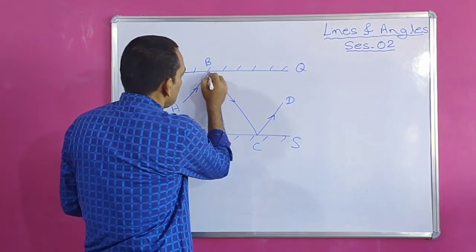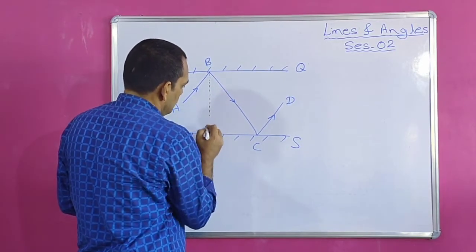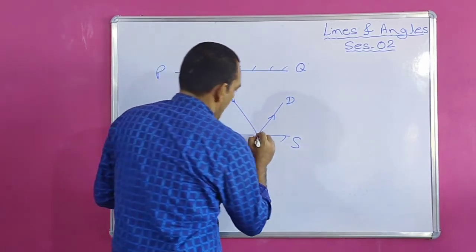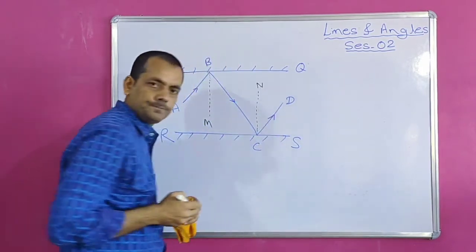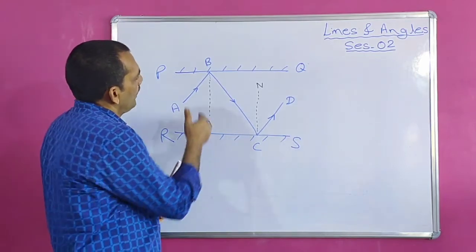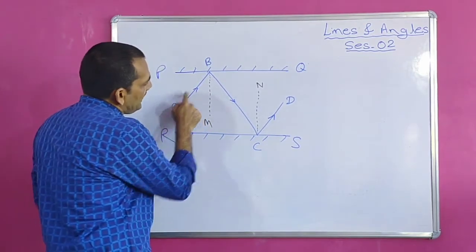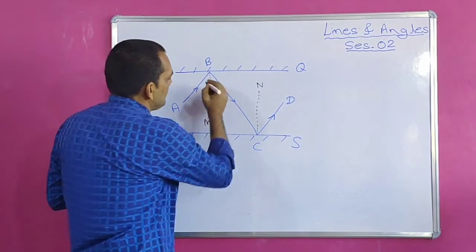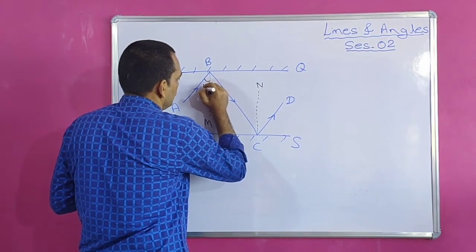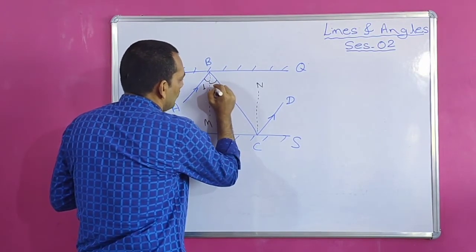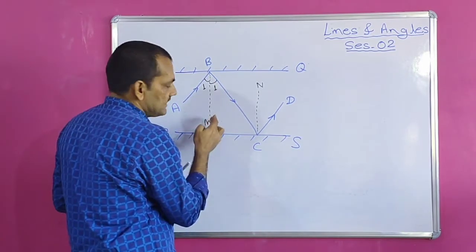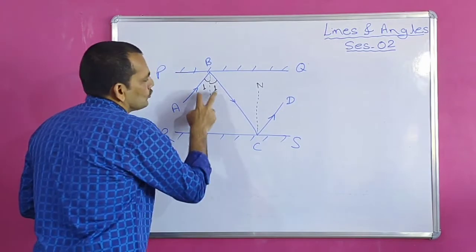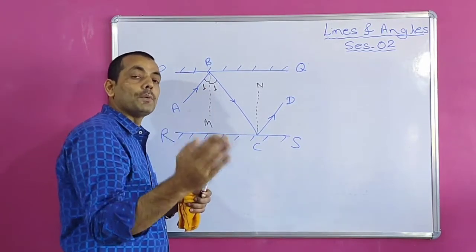If at point B I draw a perpendicular like BM, and at point C I draw a perpendicular like CN, then the angle between AB and BM will be equal to this angle. Angle of incidence, angle of reflection. So these two angles are the same from the property of physics.